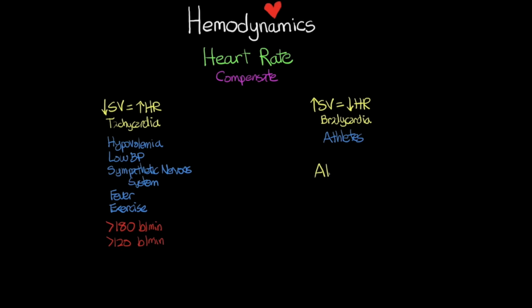Now, the last important thing to talk about when we're talking about our heart rate are things that can lead to alterations, either alterations in the regularity or alterations in the physical beating of the heart. So for example, if we talk about patients that have arrhythmias, so if they are in a fib, a flutter, let's say they're in a junctional rhythm or even an idioventricular rhythm, this is going to have an effect on our heart rate, in the examples of either slow rates with junctional or idioventricular rhythms, or fast rates such as a fib or a flutter.